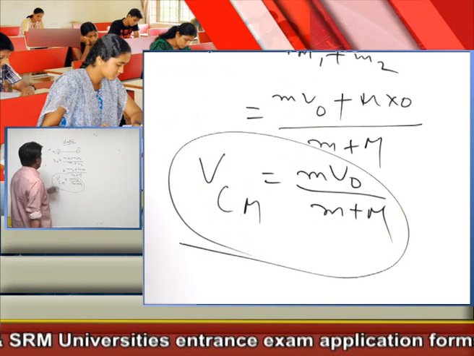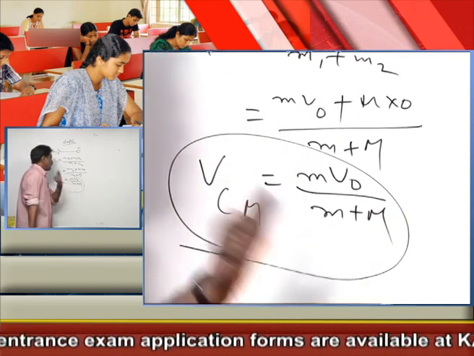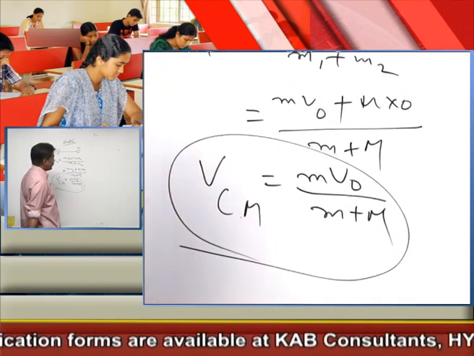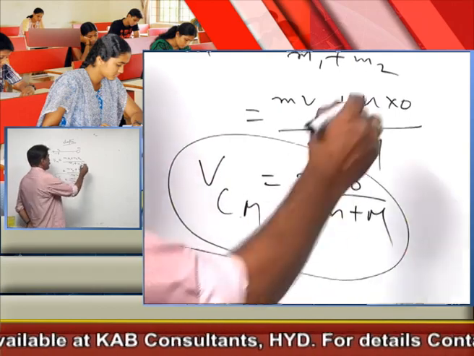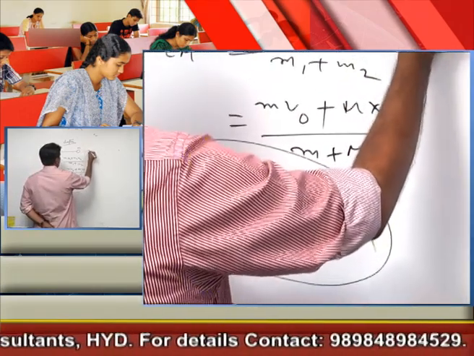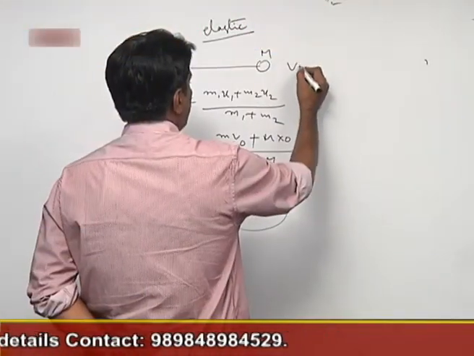What is the velocity of the first particle in the CM frame? Let us call it v1, the velocity of the first particle in the center of mass frame.